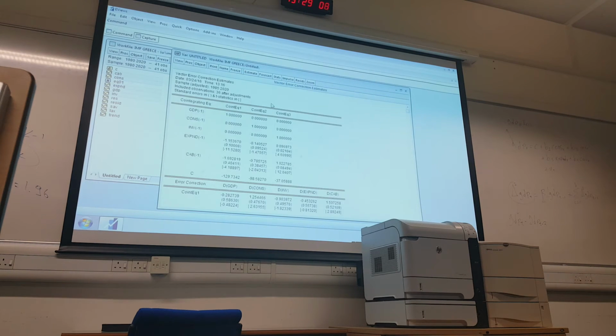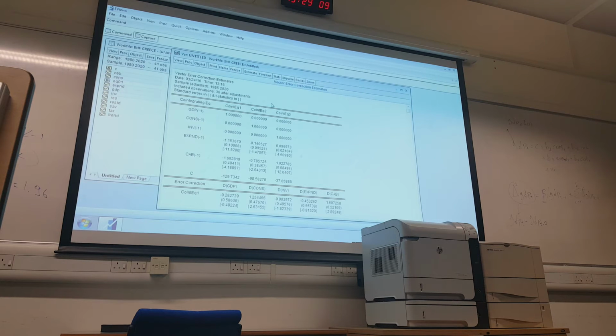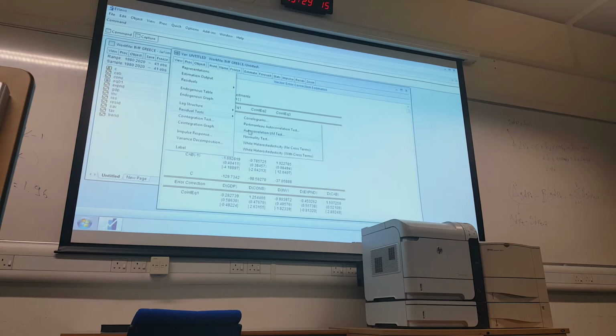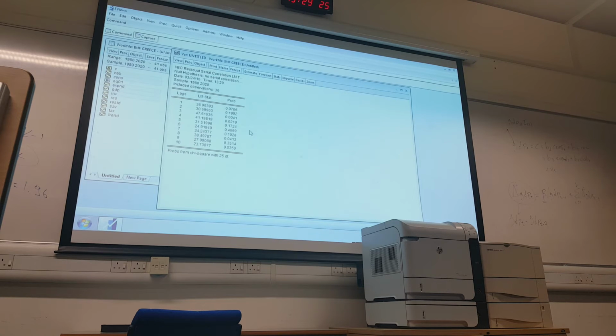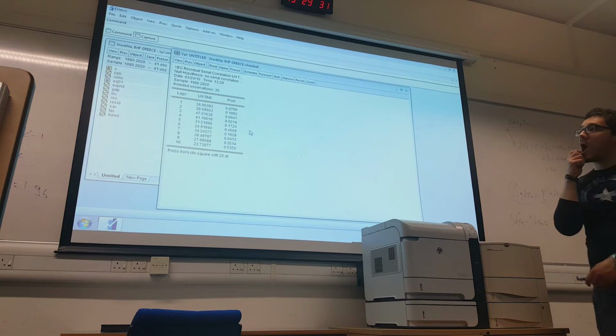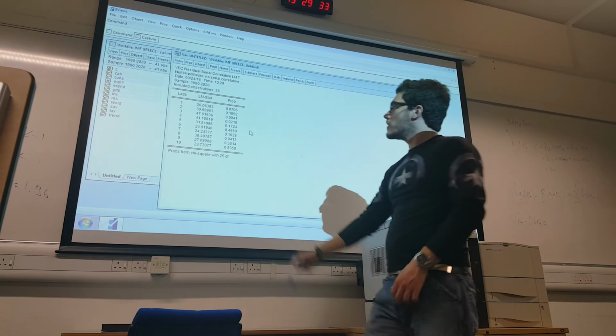So if we go to estimation output, before doing all that, we have to go to View, Lag Structure, no, Residual Tests, and Autocorrelation LM test. Click on this one, put lag order equal to 10, and then click OK. Do we have any residual terms that are autocorrelated? The answer is yes.